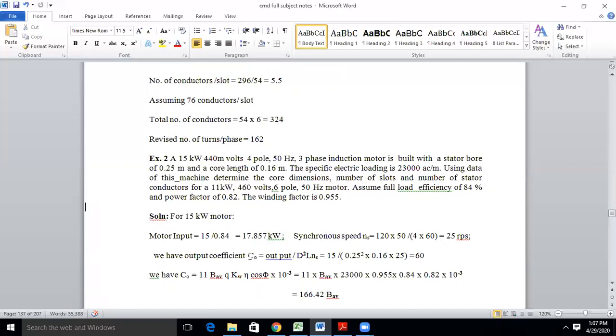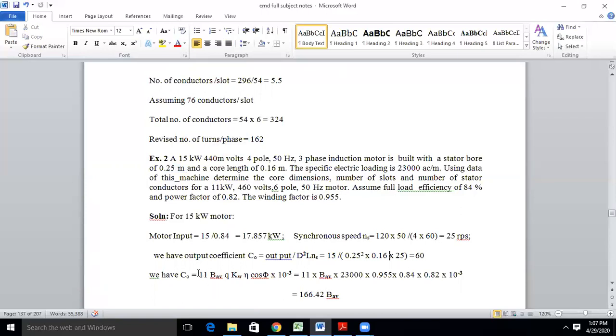This is the formula for output coefficient C naught. It is output by d square L Ns. Output is 15, divided by d square 0.25, into L 0.16, into Ns which is 25. It is 60.